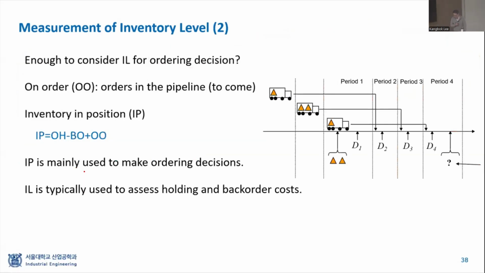The other thing that makes this problem more complicated is that sometimes we have a lead time. What does that mean? Whenever I order something, it takes a certain time period for me to have it. That's what we call lead time. It takes 1 day or 2 days, or a few hours.